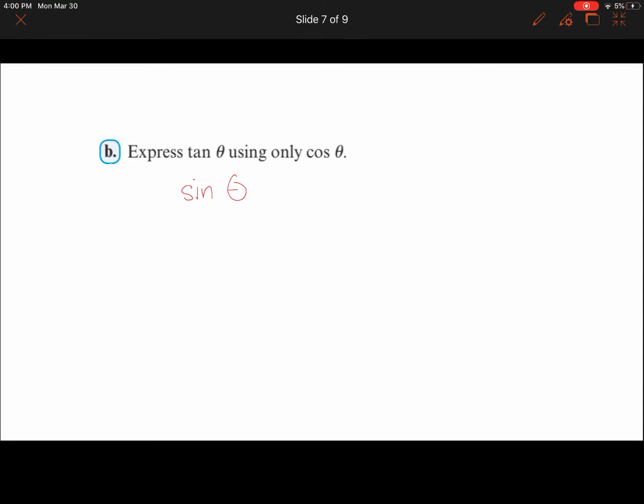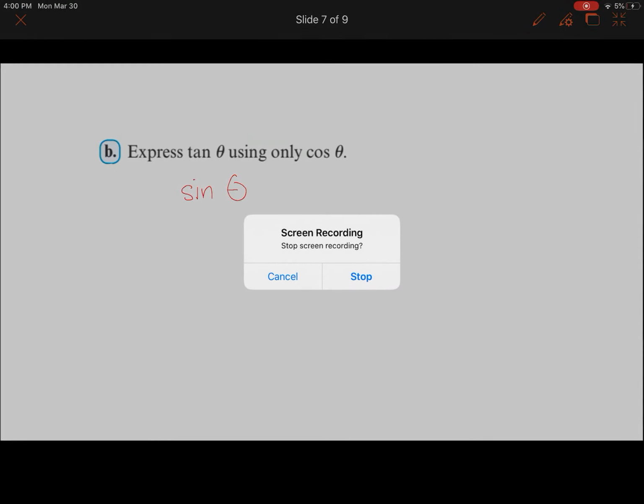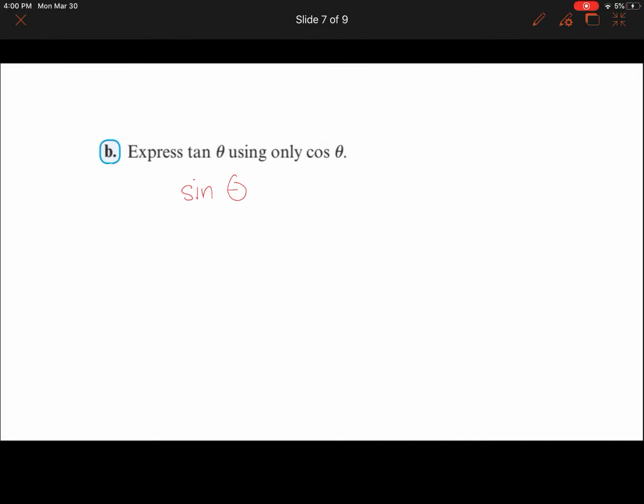So what we're going to do is we know that sine theta is going to be equal to the square root of 1 minus cosine squared theta. And the reason why that works, remember, is because all we're going to do is take that original equation.